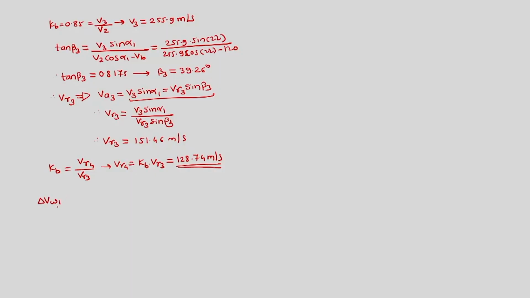Now we will go back and find the tangential and axial forces. For that we will find the change in velocities. So delta VW1, where 1 means stage 1, is equal to VR1 cos beta 1 plus VR2 cos beta 2. We know VR1 cos beta 1 and VR2 cos beta 2, and then we get it as 849.44 meters per second.